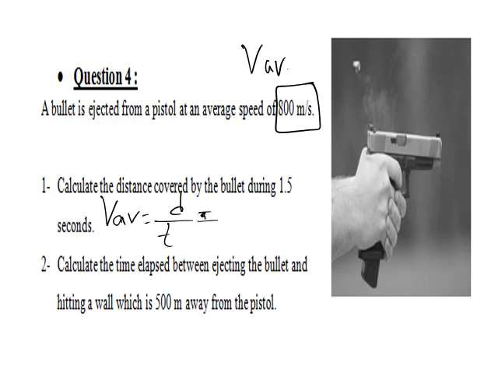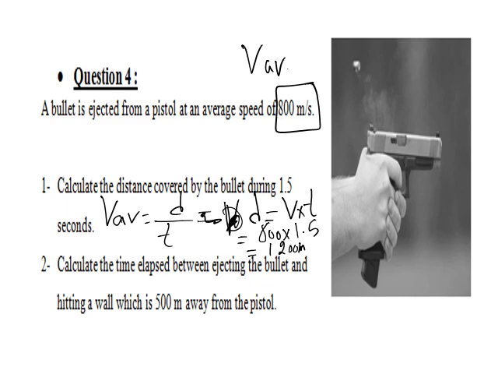So we have to calculate D. It's equal to V times T. This is in second, this is meter per second, this is okay. So we have to calculate 800 times 1.5, so it's equal to 1200 meter. This is distance.